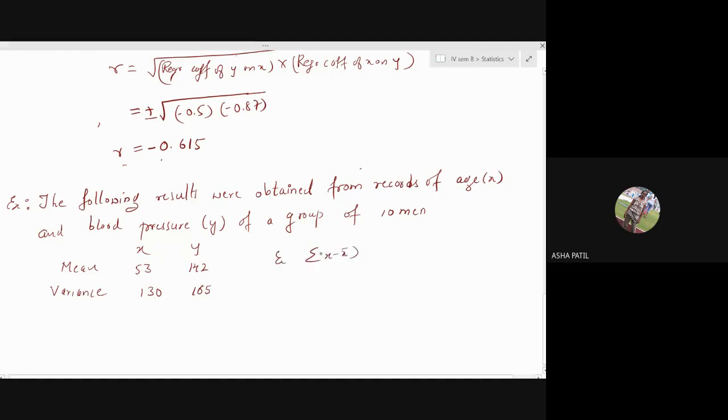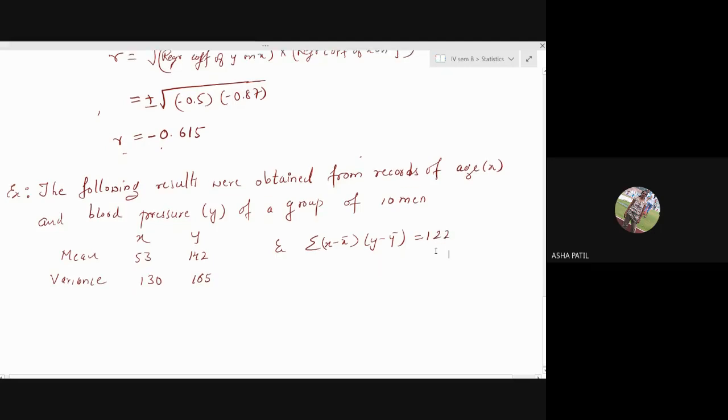And one more data is given. Summation of x minus x bar into y minus y bar is 122.